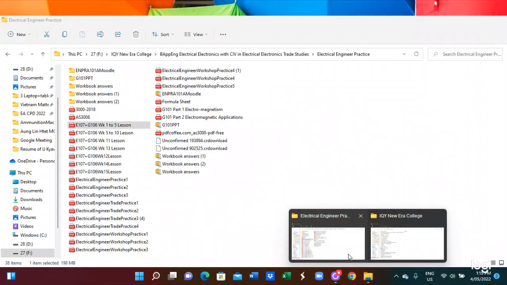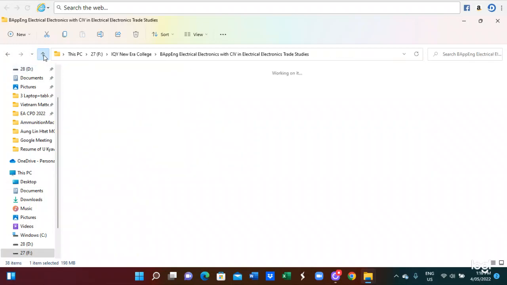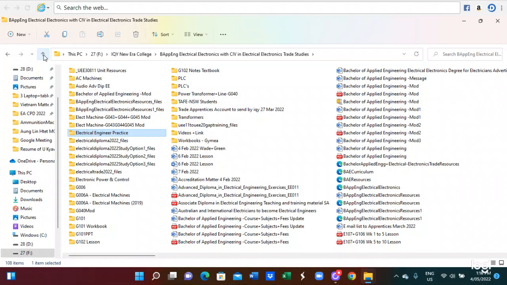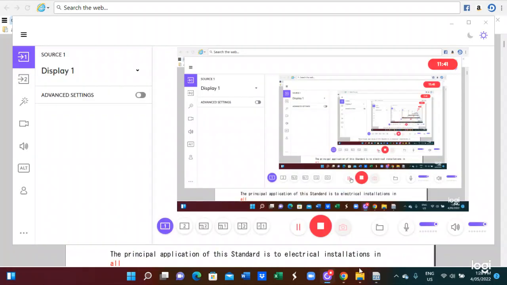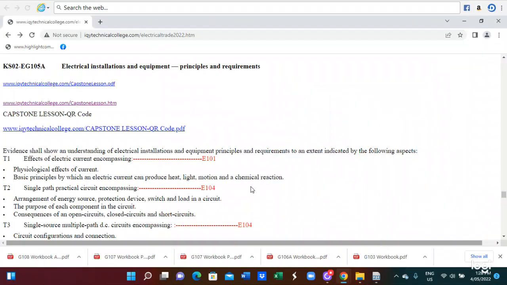Then we also do Electrical Trade 2, G063. Then we're talking about the application of the wiring rules.